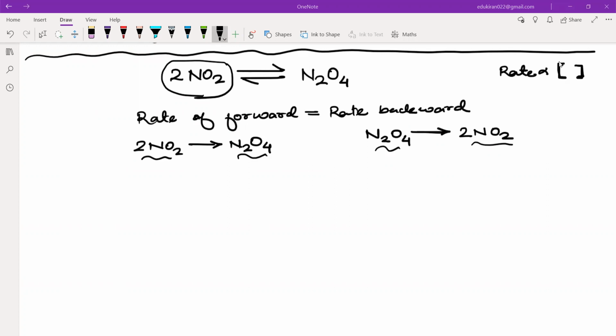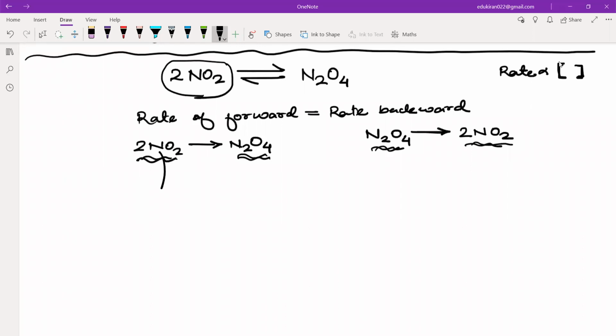Now, let us see these two reactions. There are two NO2, which are combining, and forming N2O4. And we have N2O4, which is dissociating to give you 2NO2.